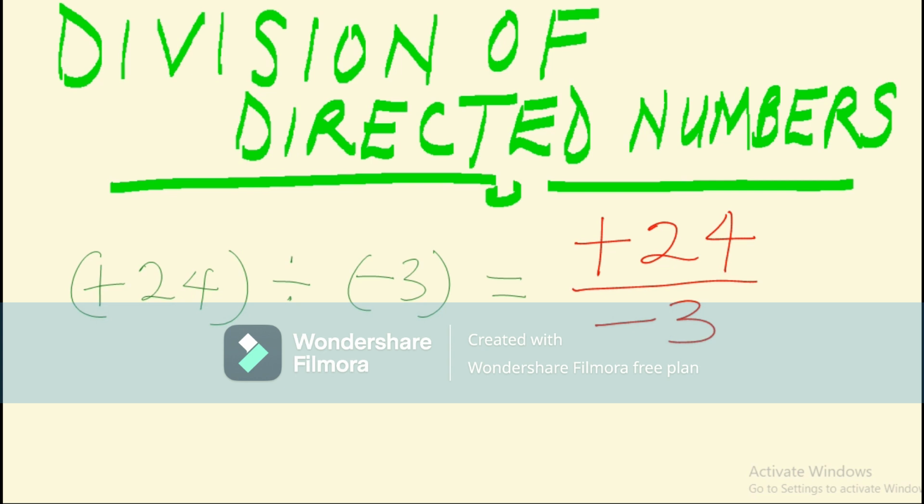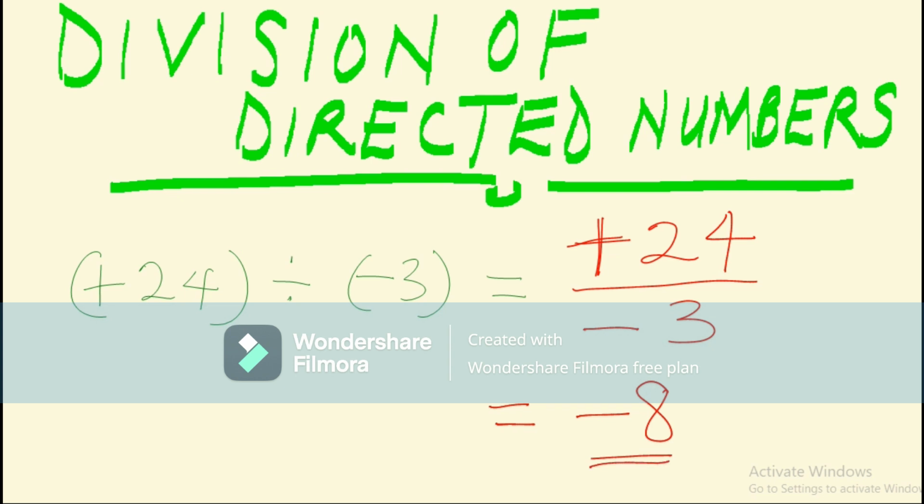Because you want to be able to see the sign that is dividing which sign. So looking at the signs together now, you have positive being divided by negative. The result of that will definitely be a negative. And then 24 divided by 3, you've got 8. So your answer is negative 8.